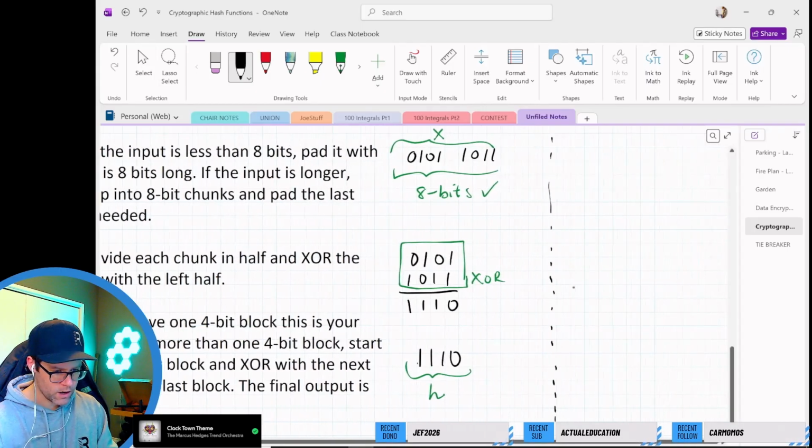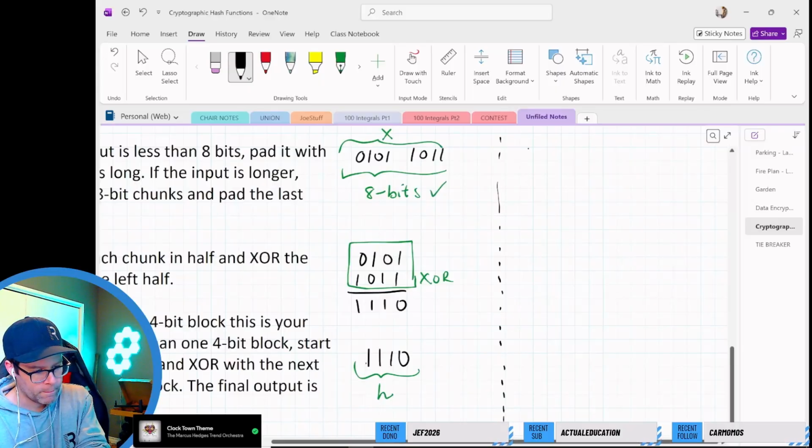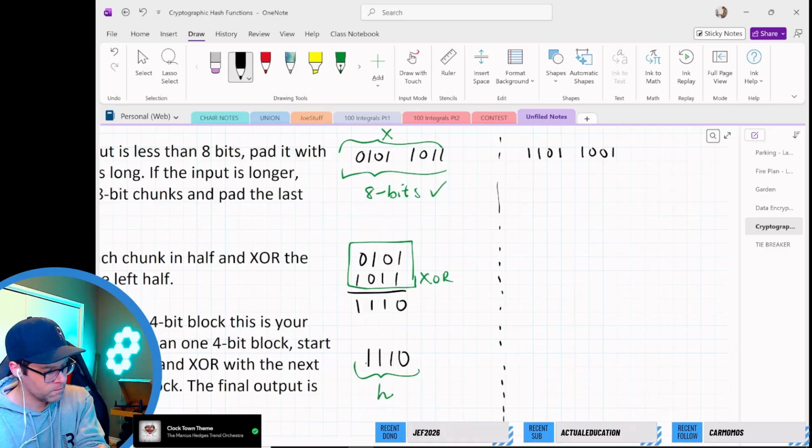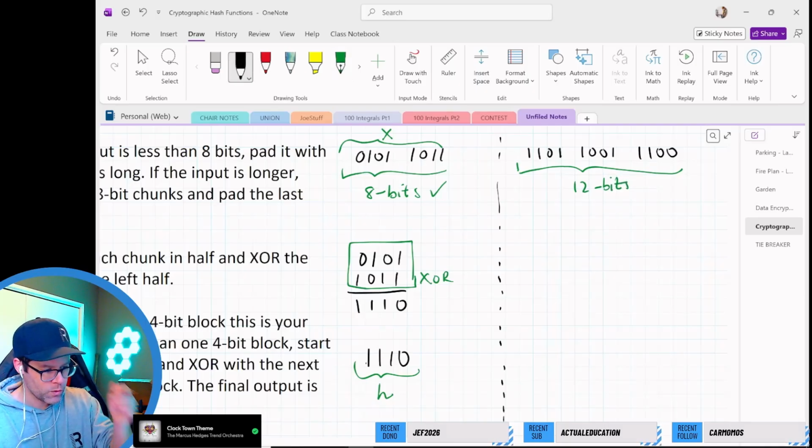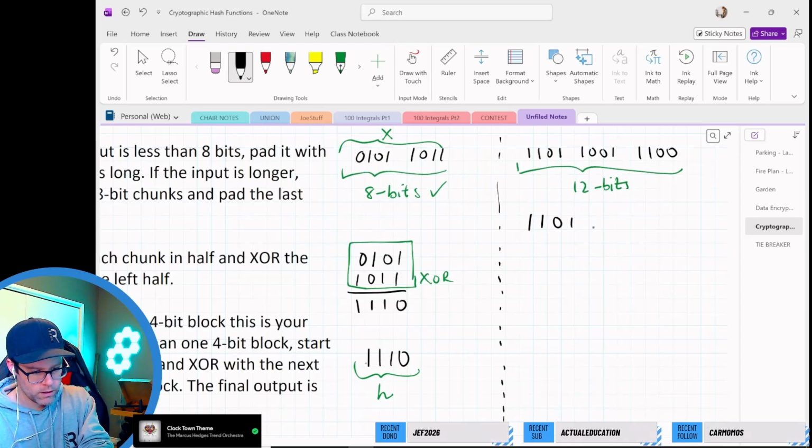So let's say I had started with 1, 1, 0, 1, 1, 0, 0, 1, 1, 1, 0, 0. So now I have something that is 12 bits long. So before we even move into step number 2, we're just going to pad this with some extra zeros. So we're going to go 1, 1, 0, 1. So this is our first 8-bit chunk.